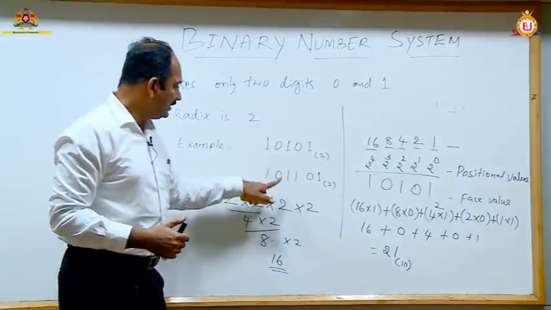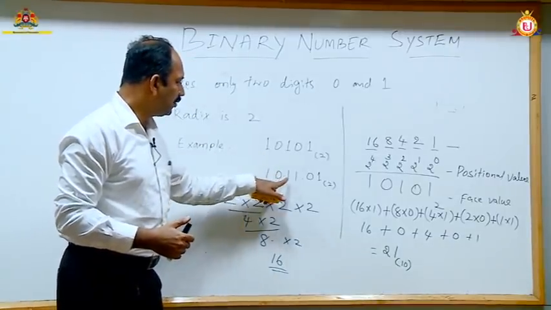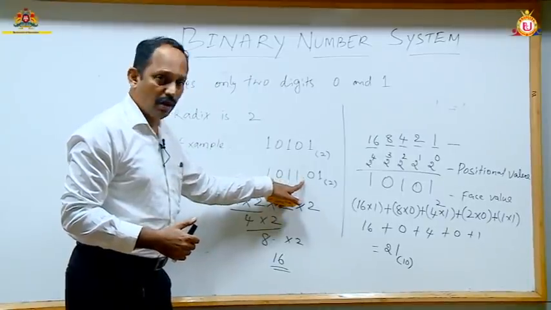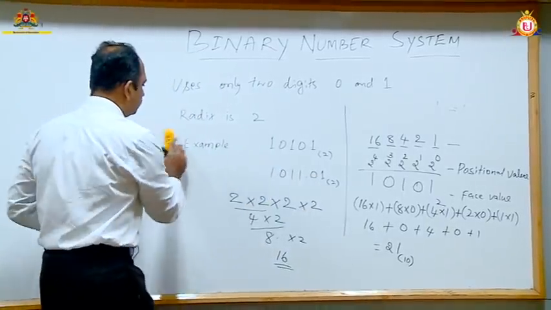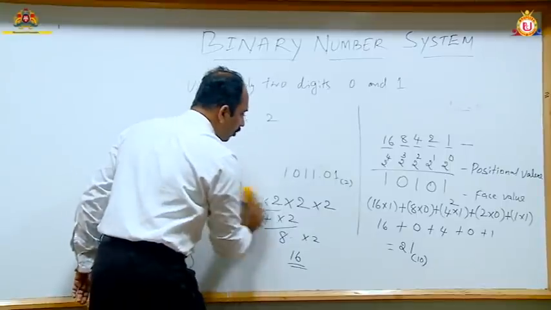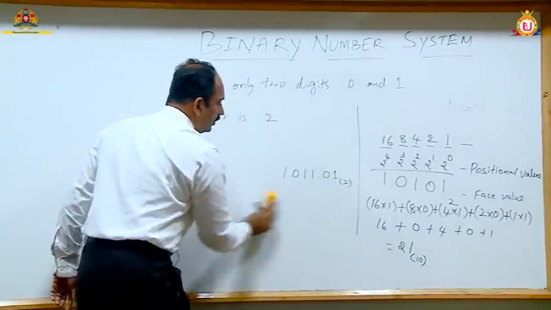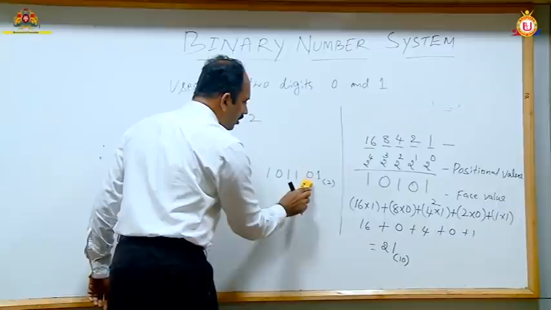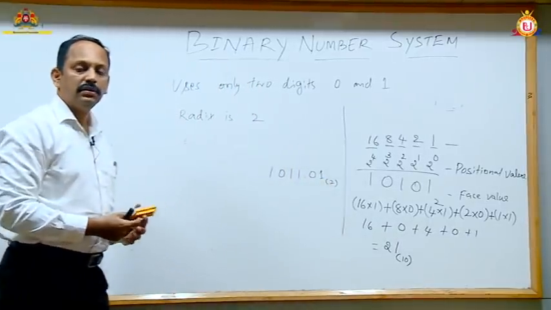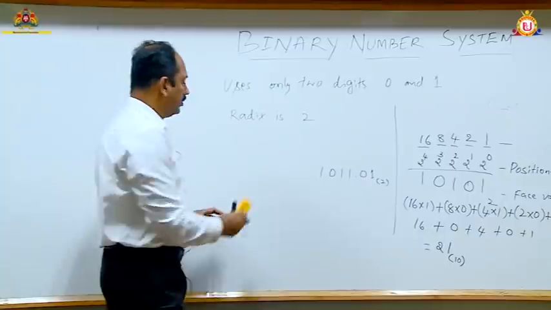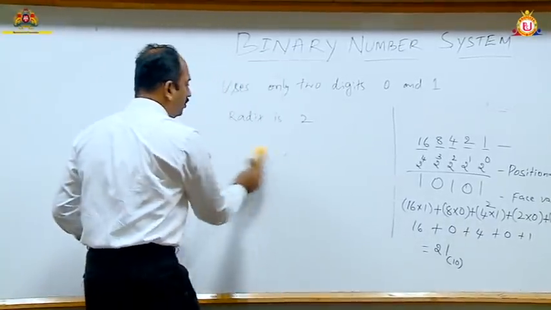Then let me take the second example, 1011.01. What is the binary 1011.01 in decimal? How should it be calculated?